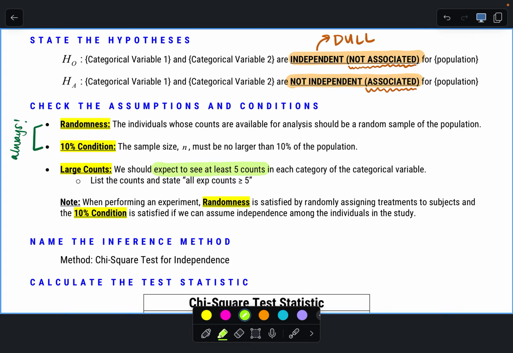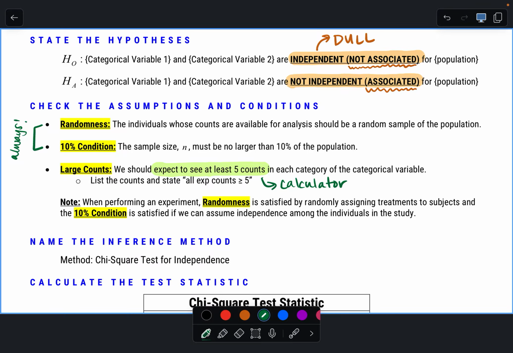And this is something where we are going to get this info from the calculator. For a test of goodness of fit, we find those ourselves. We take the expected proportion, we multiply it by the sample size, and we see what we think it should be. In the case of homogeneity and independence, I do not recommend doing that.